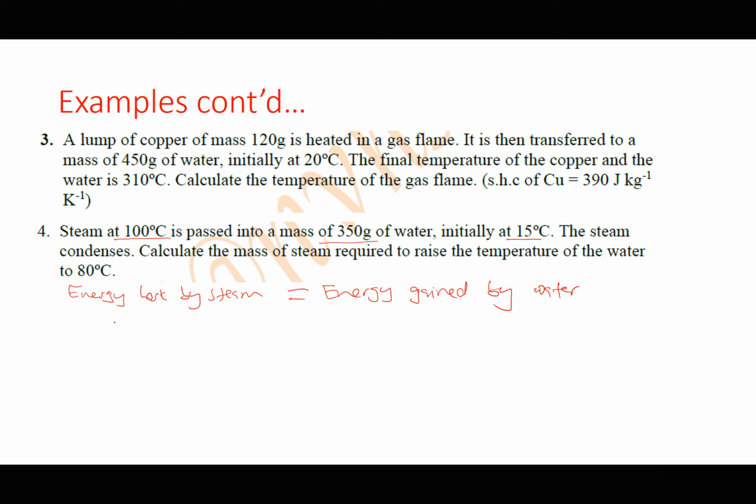So this will be mass of steam, specific heat capacity of steam, times the change in temperature for steam. This should be mass of the water, specific heat capacity of water, times the change in temperature for the water, delta theta. We want to find the mass of the steam, so let's maintain it as ms.